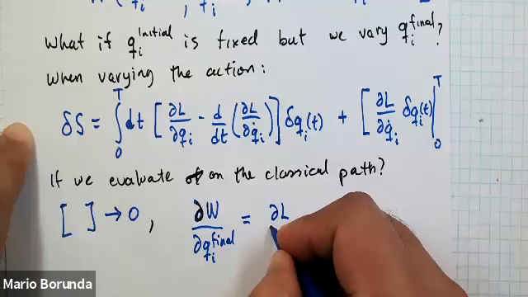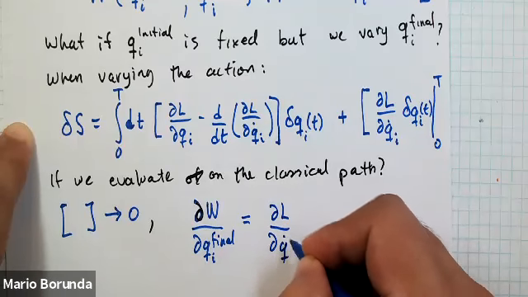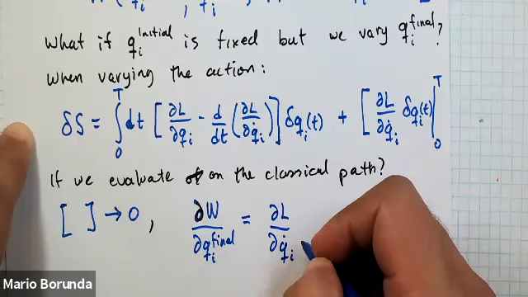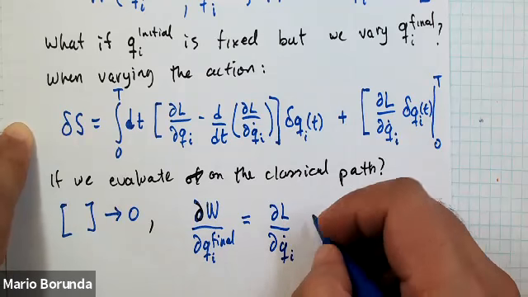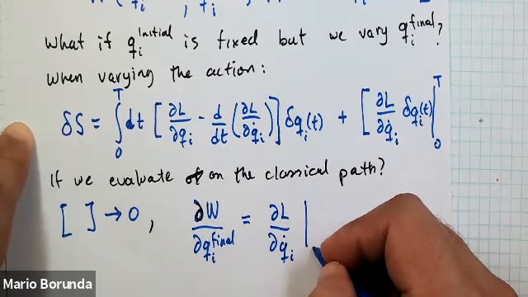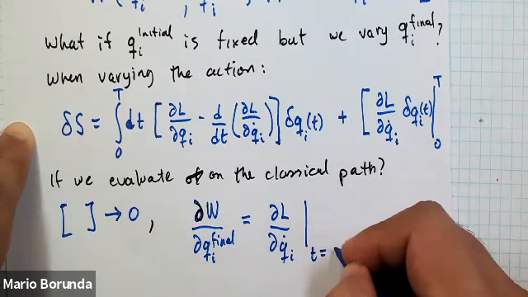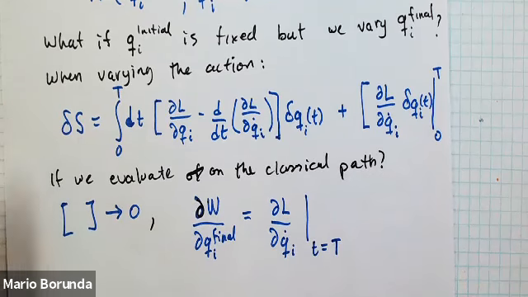DL partial with q_i evaluated at T equal to the final time. So this portion right here is this guy.